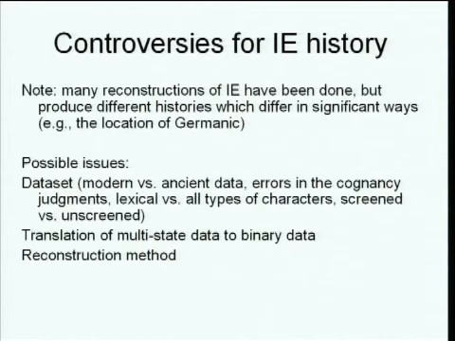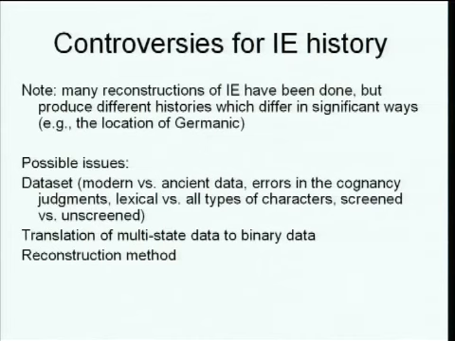Okay. So there have been many reconstructions done on Indo-European, and a lot of controversy around it, and a lot of actually significant differences between the different phylogenies. In particular, the location of Germanic is one of the things that people have really disagreed about.